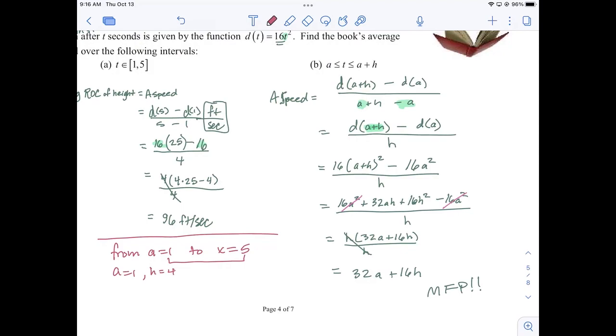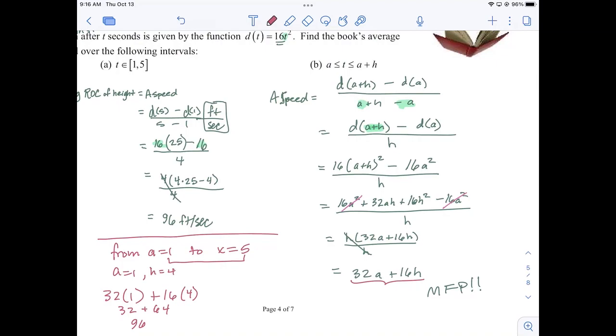I'm verifying what we did over here from 1 to 5. So we're going to get 32 times a, which is 1, plus 16 times h, which is 4. That's 32 plus 64. That's going to end up being 96. Yeah, it works. And we don't have to set up the difference quotient.